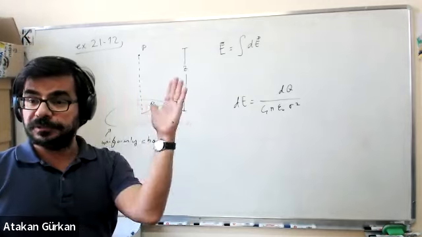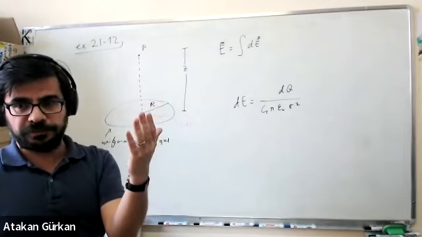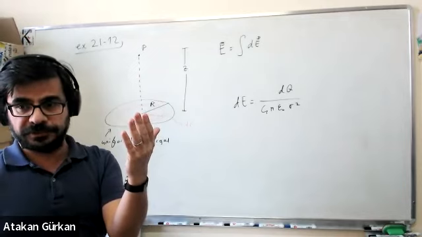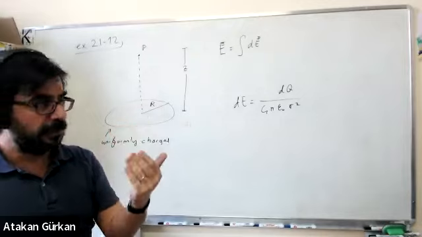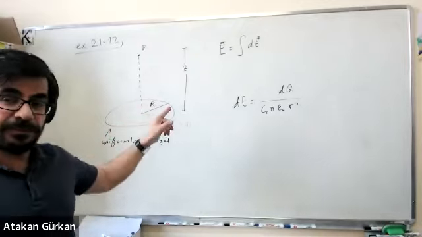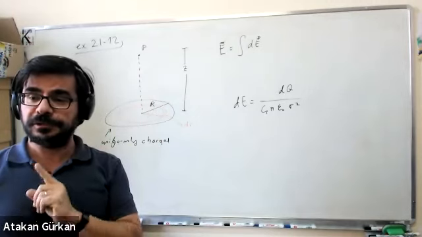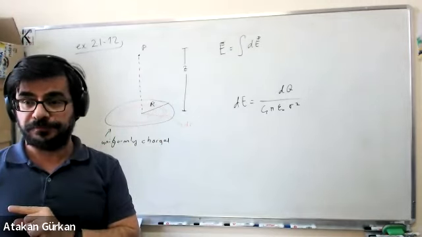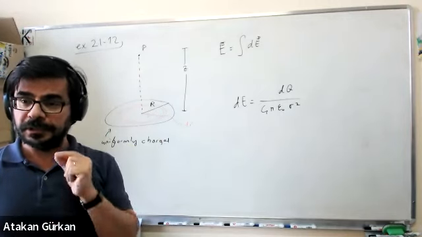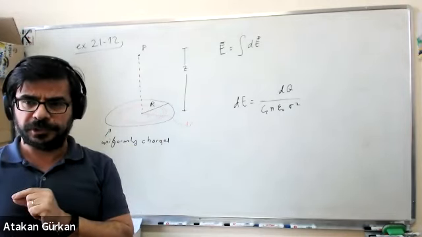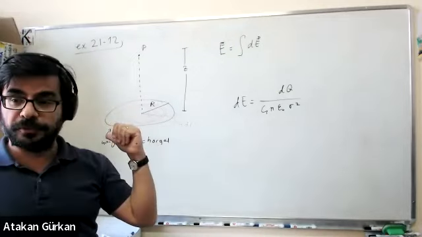If there was some angular dependence for the charge, then you would not be able to use the previous result, because the previous result was for a uniformly charged ring. But if there was some radial dependence for the charge, you could still use it. Each individual little ring would still be uniformly charged, even though the charge density on each ring would be different. So only if there is an angular dependence on the charge can't you use the formula we already derived.